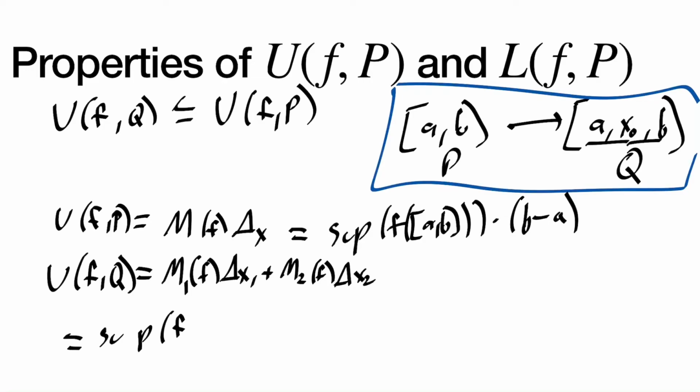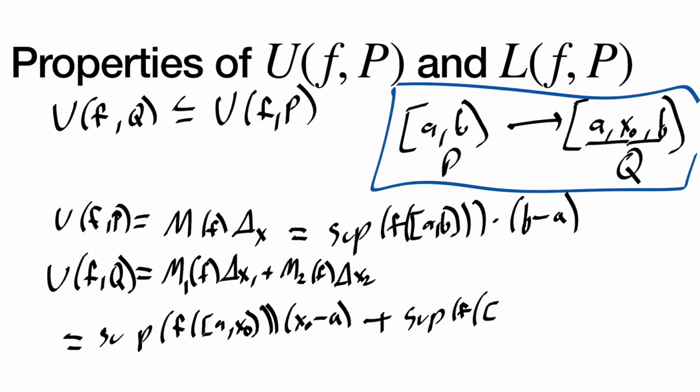Those two things added together end up being the sup of f over the interval a to x naught times x naught minus a, because that's that interval, plus our second M value, which is the sup of f from x naught to b, times b minus x naught. So all I did was do the exact same computation twice.